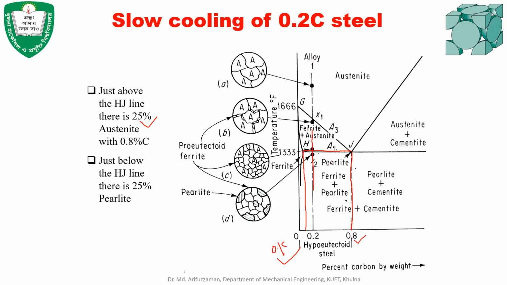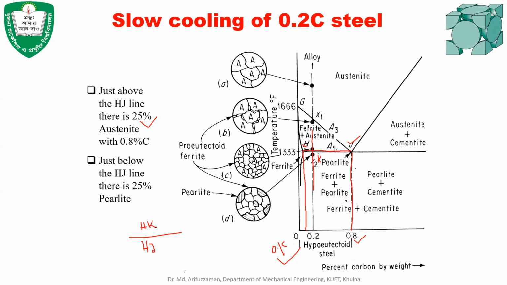If you want to find out how much austenite is in there, what should you do? We need to apply the lever rule, right? So if we say this is point H, this is point J, and this point is K, then to find out the percentage of austenite, we need HJ below and HK at the top.